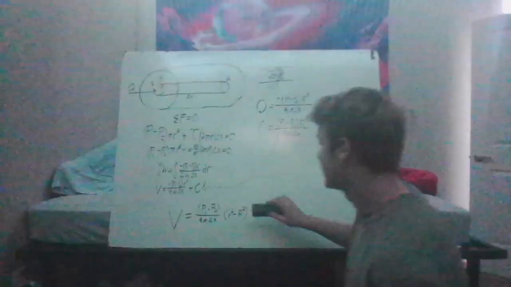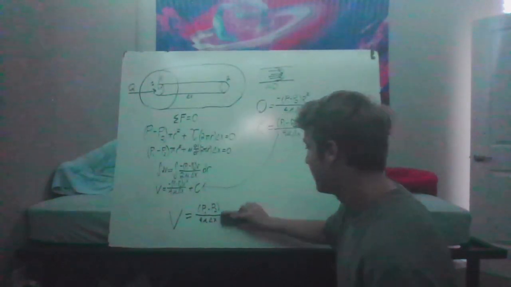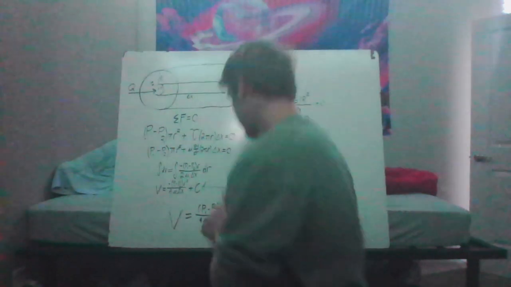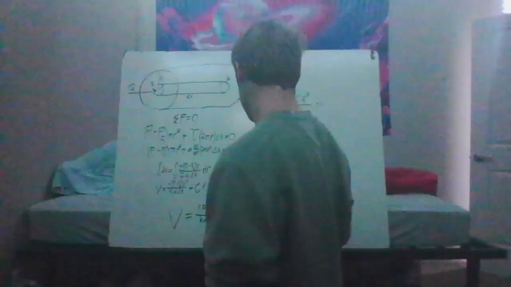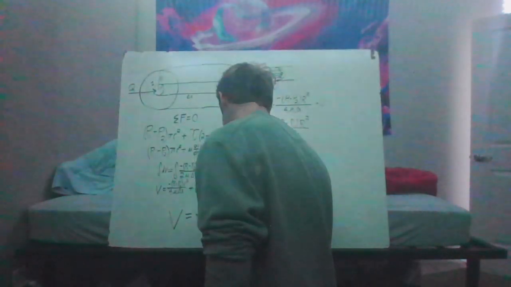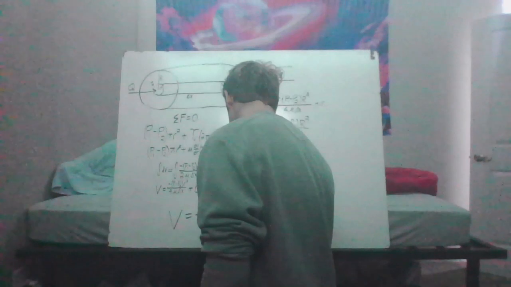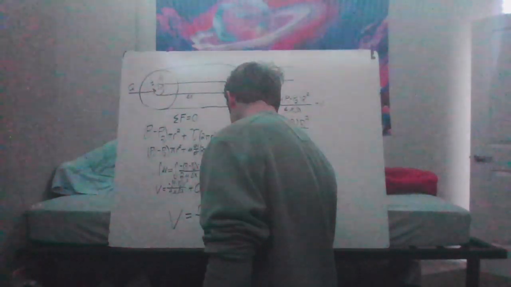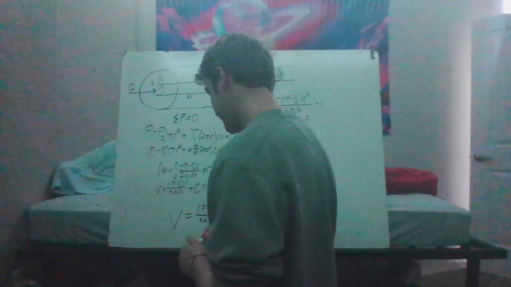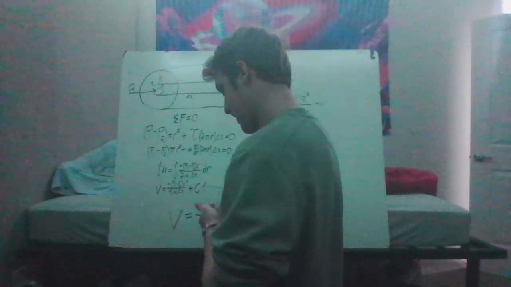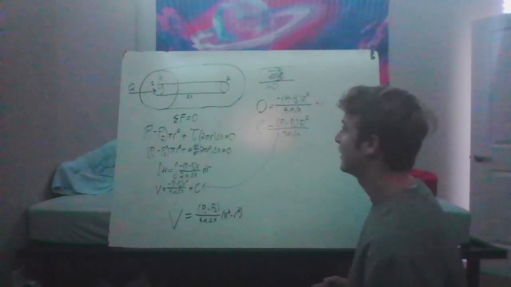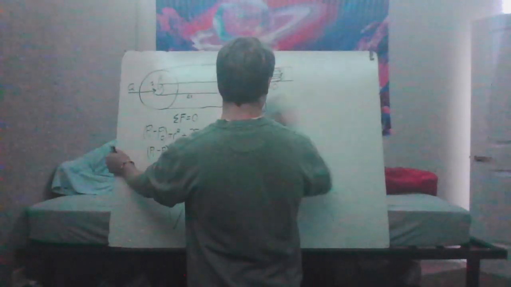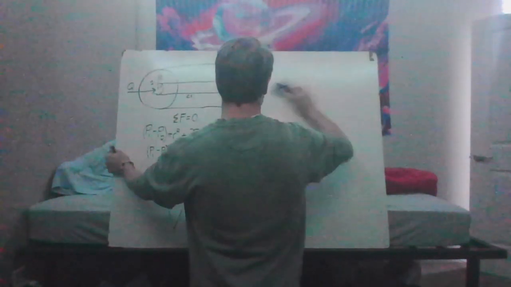So I actually made a little mistake here. It'll actually be big R squared minus little r squared because the negative is here. And that will be our velocity of the liquid in this situation. So I'm going to erase all this and copy it up here.